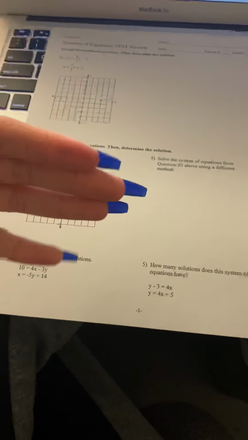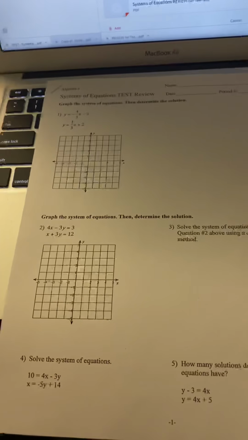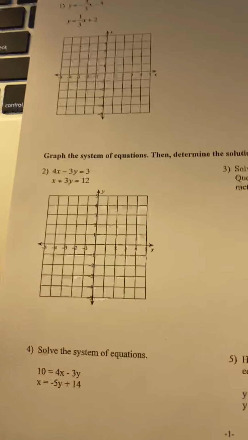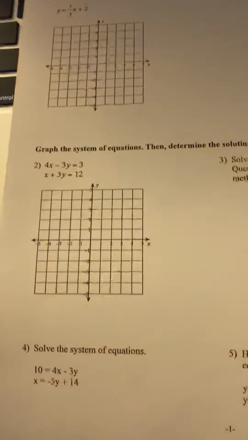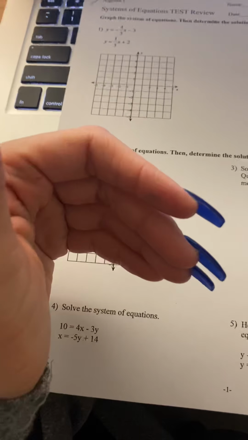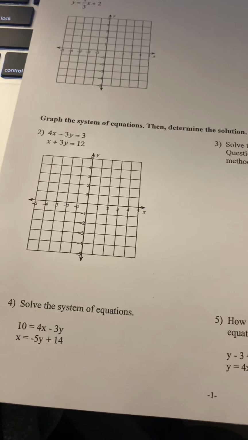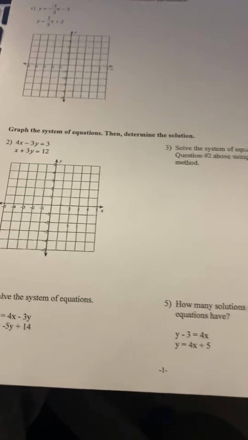What do you all notice, and I know this is really weird, me asking you this through a phone or whatever, but what do you notice about number 2 versus number 1? How might number 2 be a little bit more difficult? Okay, just think about that. What you're going to have to do on number 2 is solve for y.